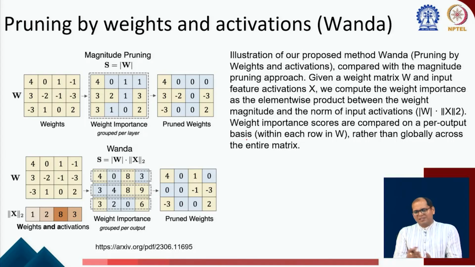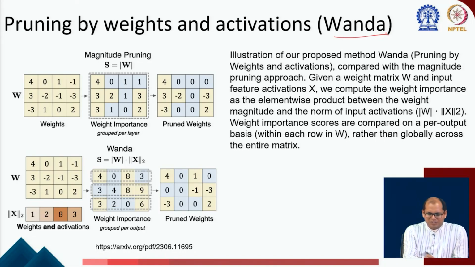There are other things, for example, what if I see how much a large input can impact certain weights? This is the Wanda method. Let's say I do magnitude pruning. These are my weights, and I try to find some threshold; if the absolute value is below the threshold, I will remove it.